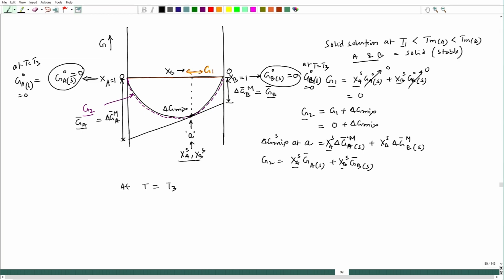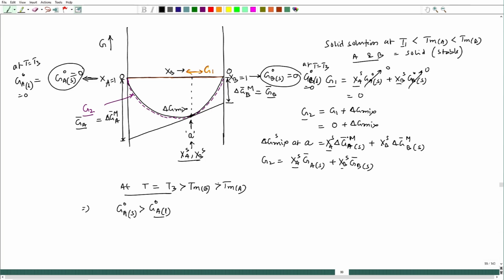How? Because at T3, if I look at the free energy hierarchy, G A naught solid is greater than G A naught liquid, because T3 is greater than TMA, and TMB is greater than TMA.